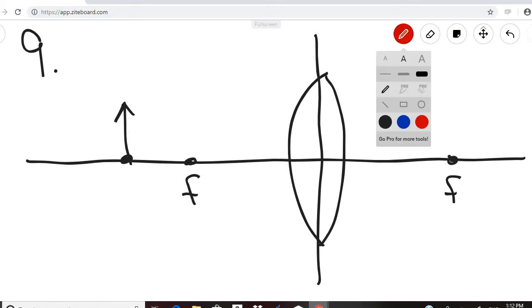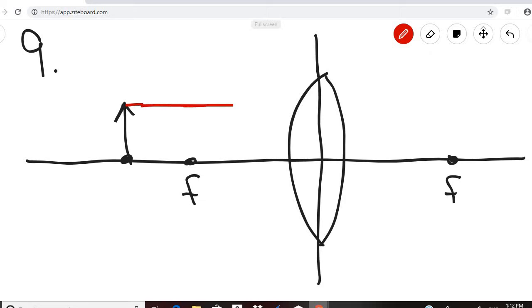Okay, so let's take our red line. The red one will go in horizontally, and it will converge through the focal point.